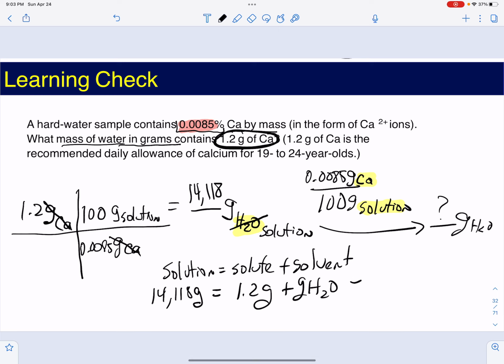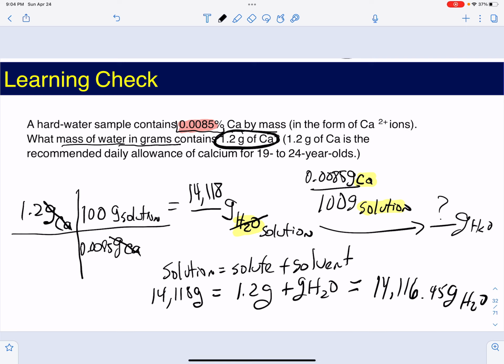And the answer is yes. So if I take 14,000 and take out 1.2 grams, the remaining should be water. So that's going to be 116.45 and so on.